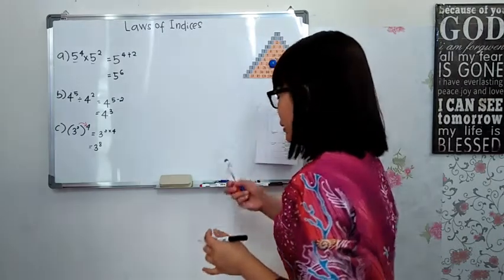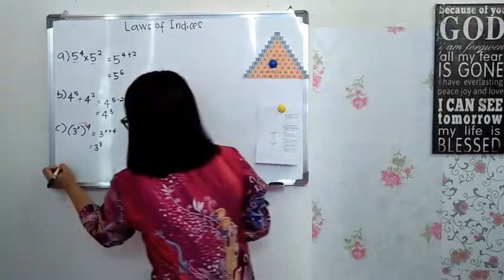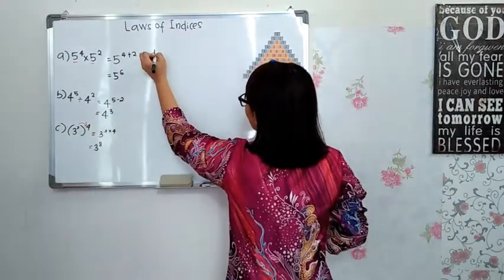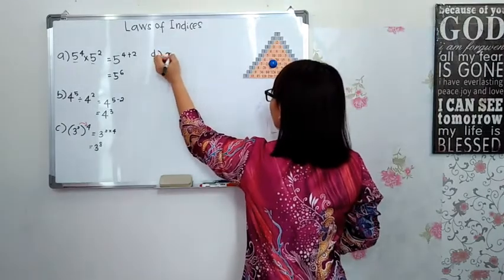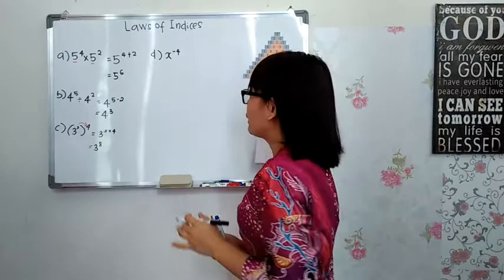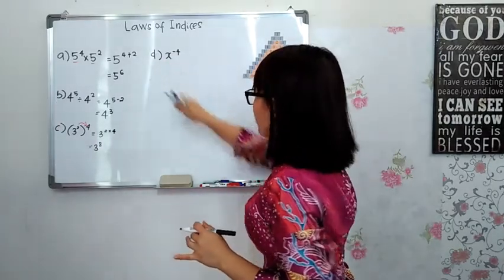Okay, the next question is D. I write right here. D is x to the power of negative 4. How to get the answer?